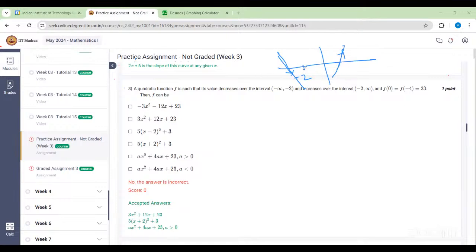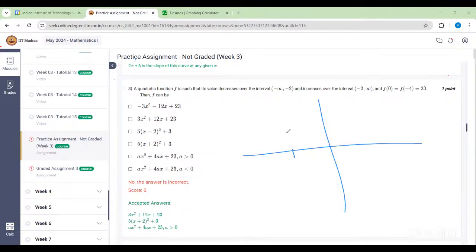And here minus 2 to minus, oh sorry, maybe I have done something wrong. So this is minus 2, and if you go here the function decreases, so such kind of behavior is there. And after 2 to infinity it is increasing.